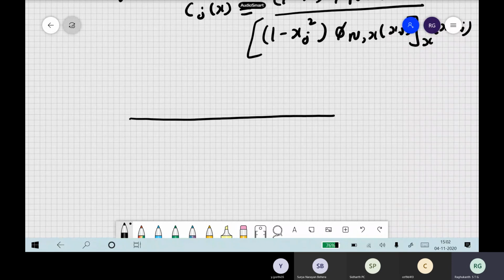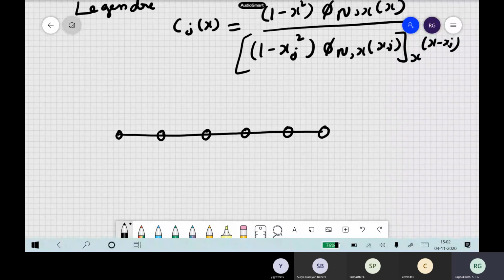Suppose I have a grid like this, so these are my points. Now my cardinal functions will be like this. This is the first cardinal function. For example, if I want C1, the cardinal function will be like this.